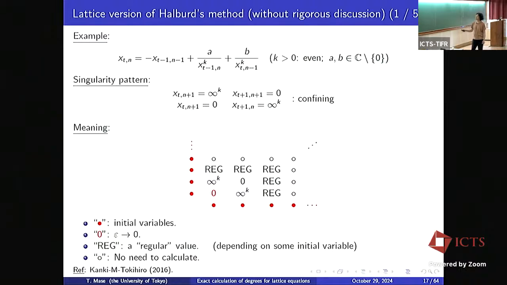So these are unknown. We don't need it. That's the meaning of this pattern in this talk, only in this talk, because only this information is necessary. In this talk, I'm not explaining the true meaning of singularity confinement. I'm just interested in calculating degrees.